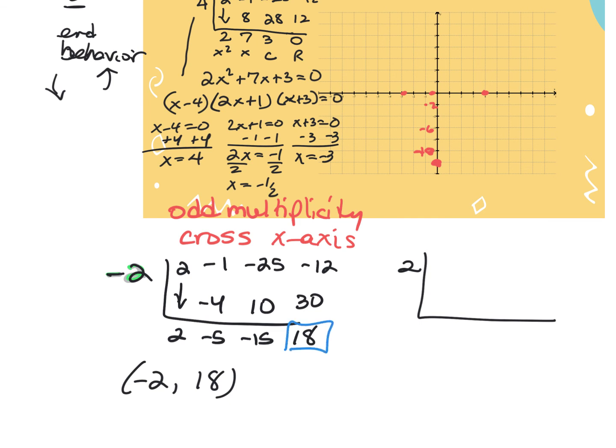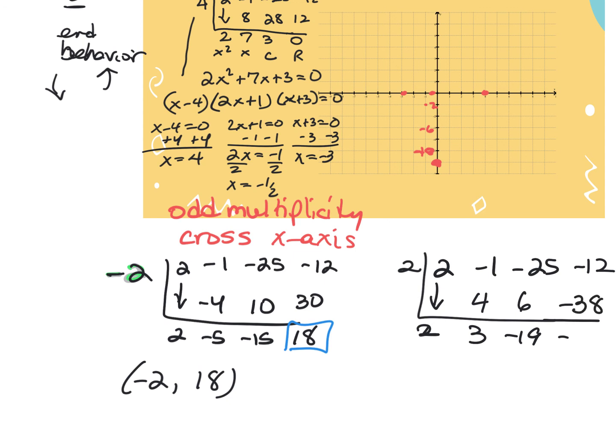And then I'm also going to do the same thing, synthetic division with positive 2 to get another additional point. Now again, if you'd rather plug it into the original equation, you could plug these x values in as well. So I'm going to bring down 2, multiply, add the column, multiply, add the column, multiply, add the column. Wow, this one's going to go way off the graph. Positive 2 and negative 50.